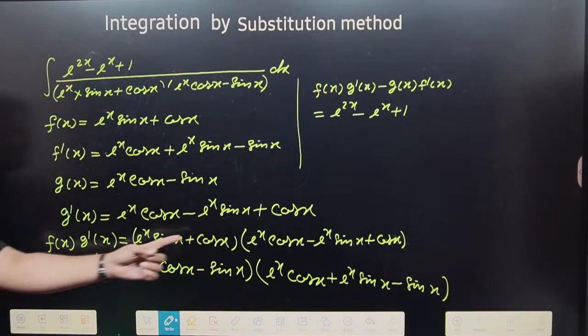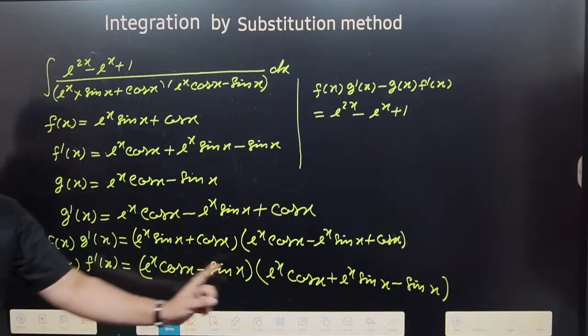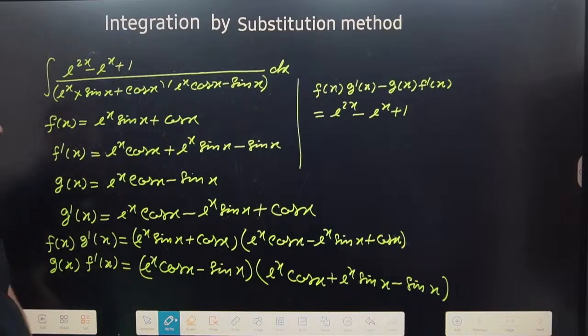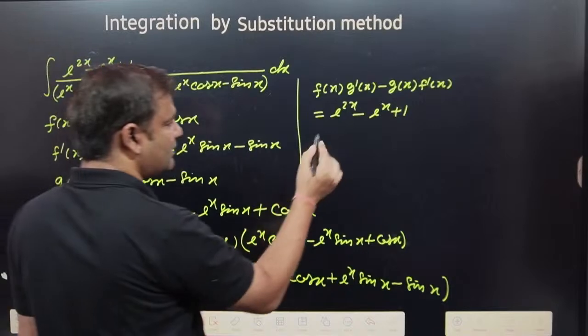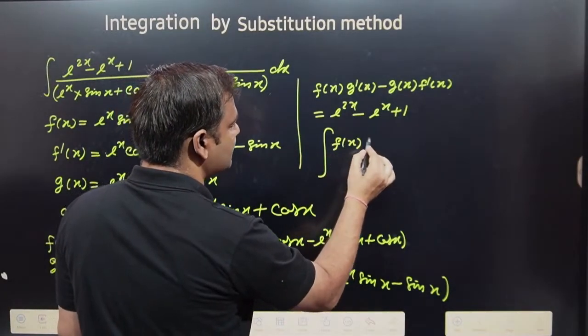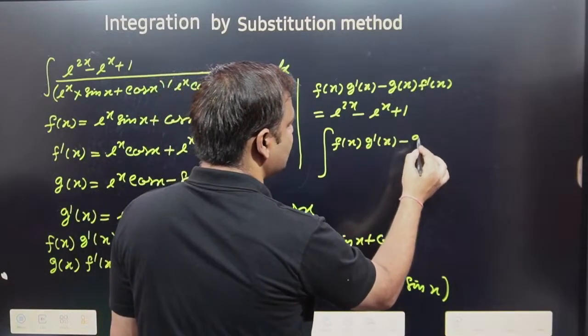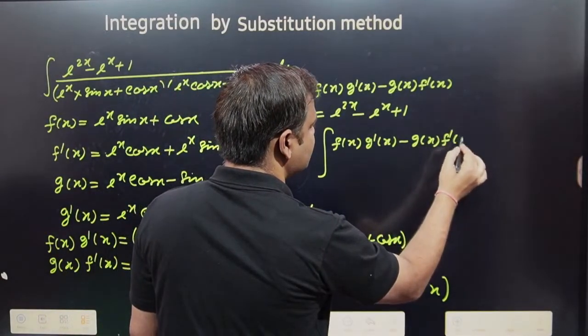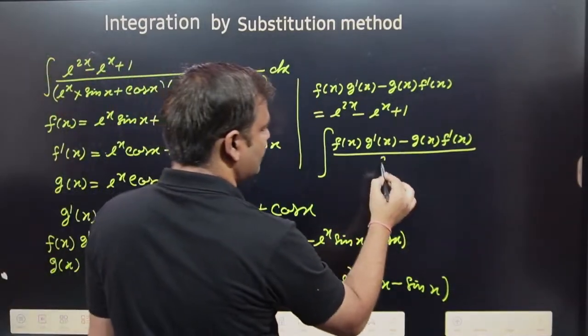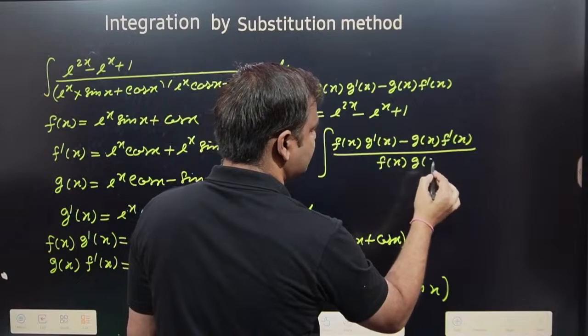So basically that is written as f of x into g prime x minus g of x into f prime x divided by f of x into g of x.